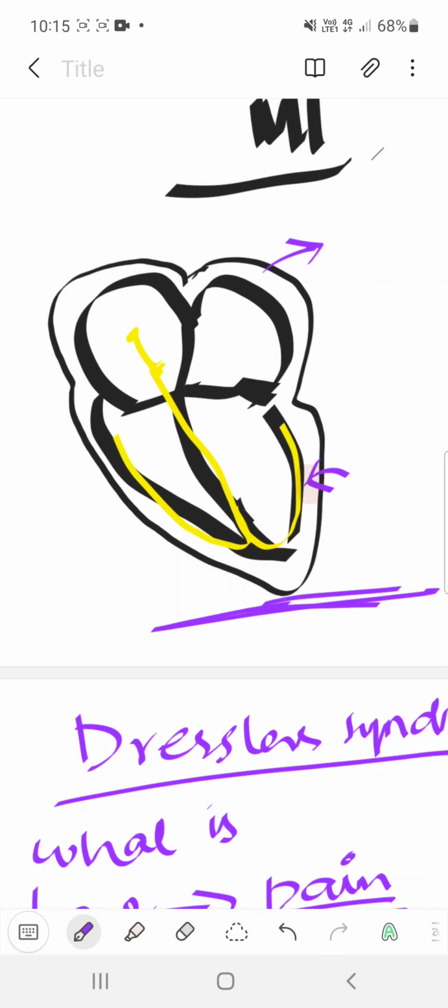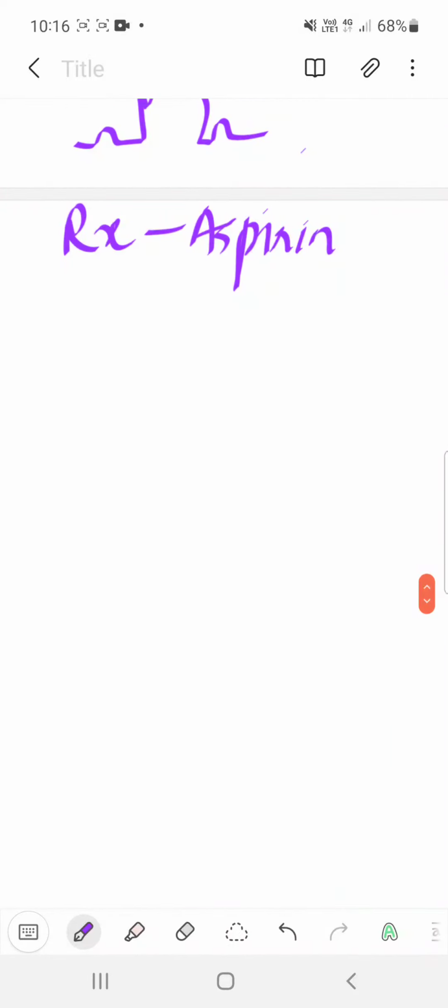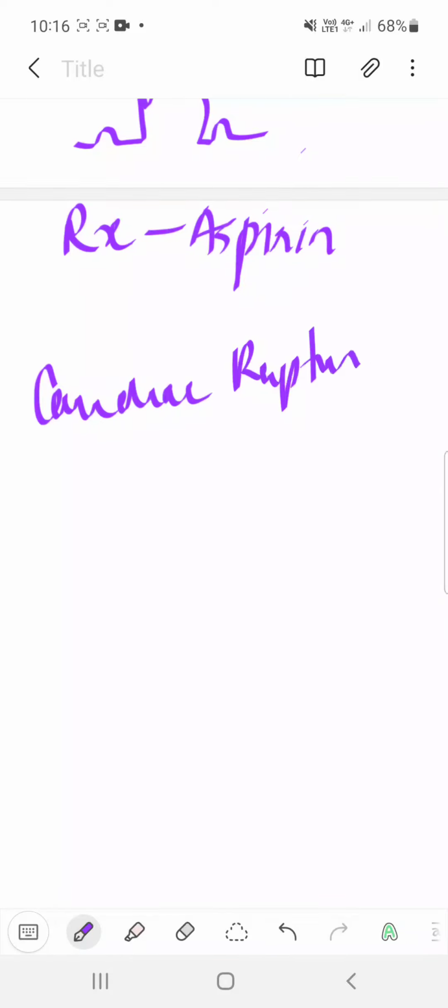If it ruptures, what happens? The blood will be collected within the sac, that is cardiac tamponade. So that is another complication, cardiac rupture, which can lead to cardiac tamponade.